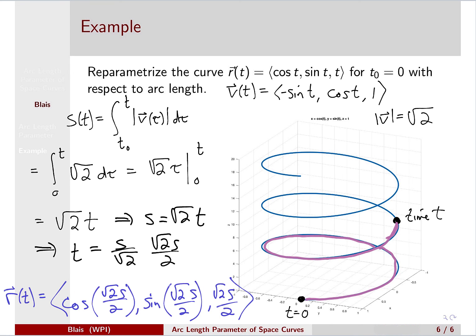And so what we've really done here is, instead of r of t, we now have r of s. And again, this now tells you the position of a particle as a function of how far the particle has traveled.